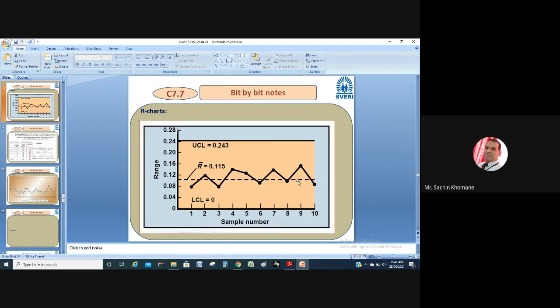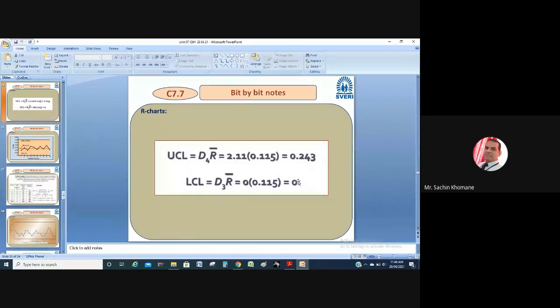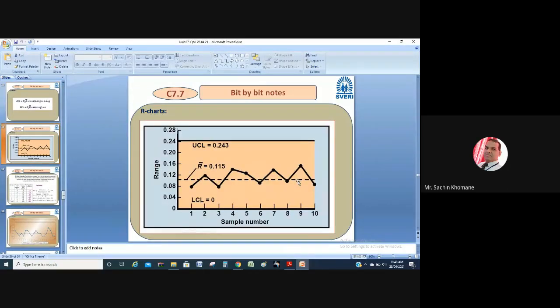So now you people have to draw it. Done? Draw on paper, let it be rough. Freehand also, no issue.